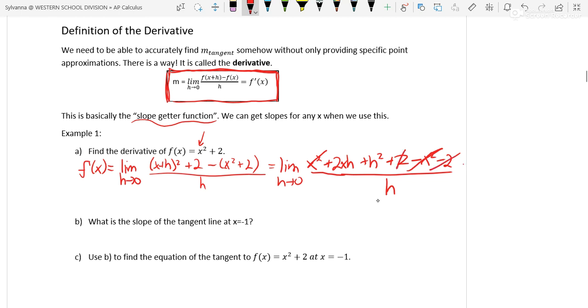So now we're just left with 2xh plus h squared all over h. But I can factor out an h and then cancel the h top and bottom.